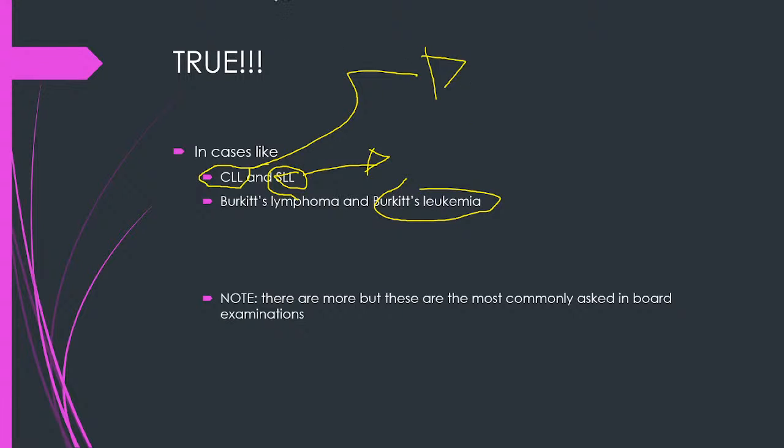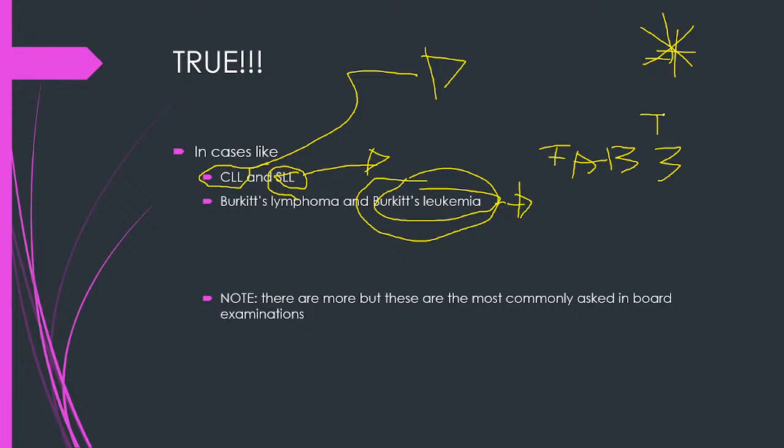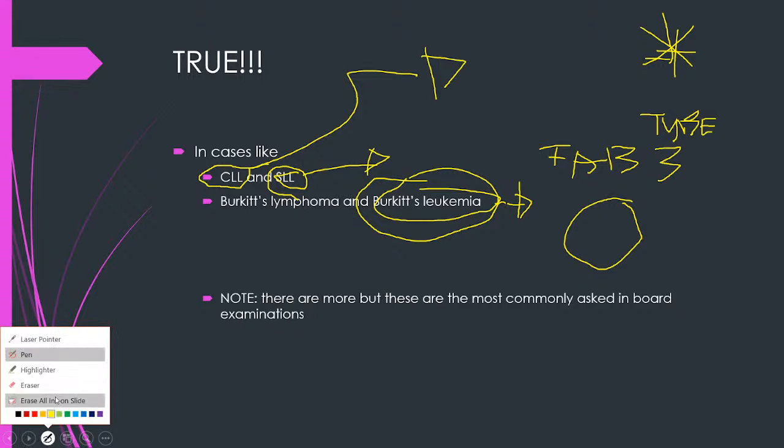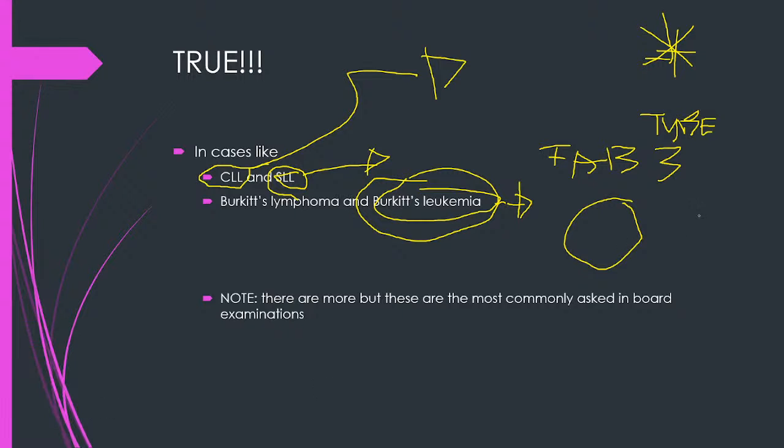All right. So what about Burkitt's lymphoma? What is important about it? What do we need to remember? This is a high yield question. I'm going to put a star on this one because I know it's important, especially in the board exam. What do we need to remember about Burkitt's leukemia? It is FAB classification type 3. The appearance of the cell is like this.